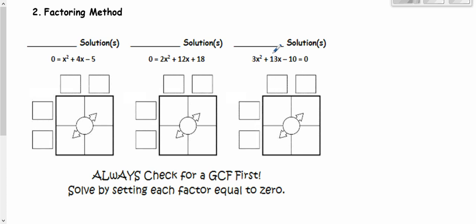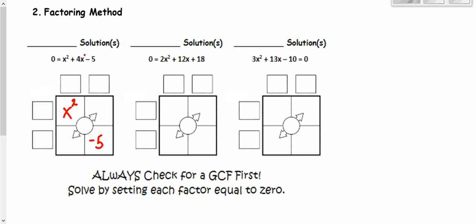And let's put the first one. So factor. We know that our A term will go in our first box, our C term, our last box. And then we can go ahead and break down a little bit further.